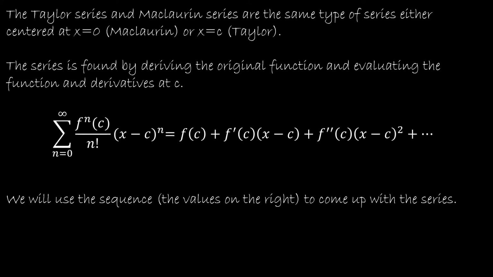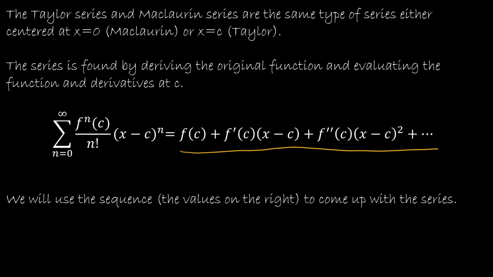Essentially, the hardest part of the Taylor and Maclaurin series is to find all of the derivatives. So if your derivative game is not strong, you'll either really struggle with this or your derivative game will get much stronger. So essentially what we're going to do is find the first derivative, the second derivative, the third derivative, and so on, to find all of the values that create the sequence.